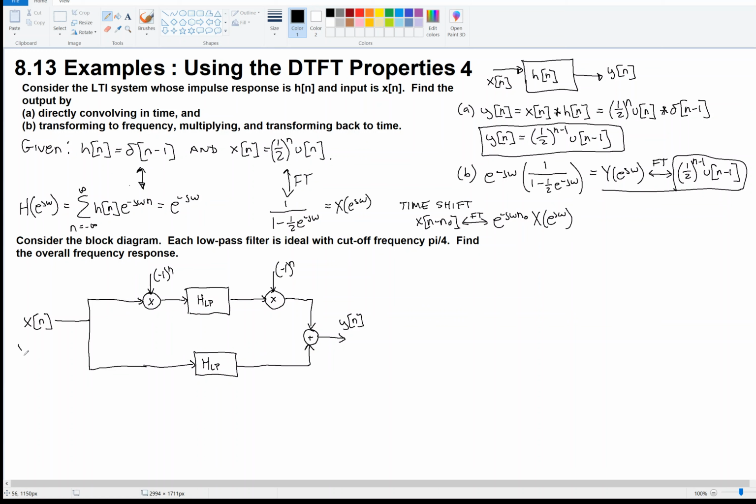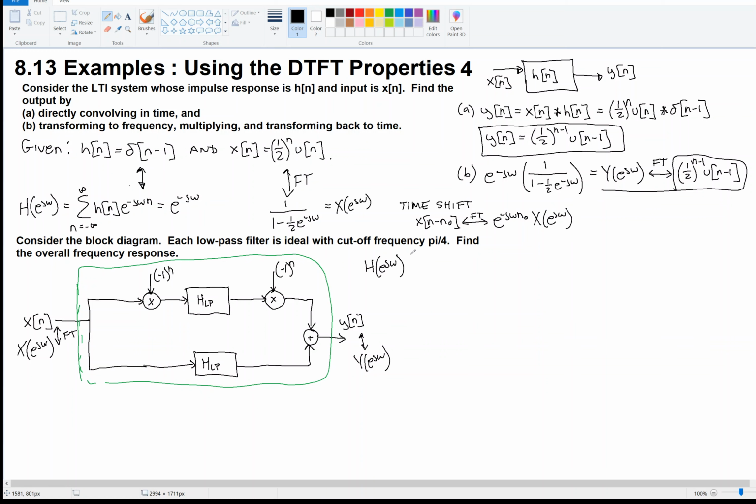We'll call the input spectrum capital X of e to the j omega, and the output spectrum capital Y of e to the j omega. Remember block diagrams, we're considering this as one big system, and we want to find the frequency response of that system.